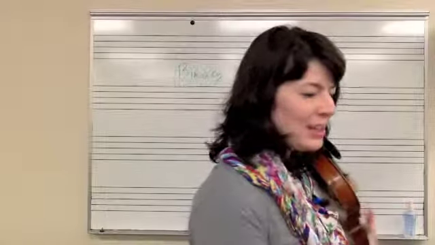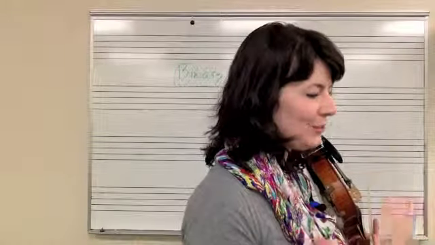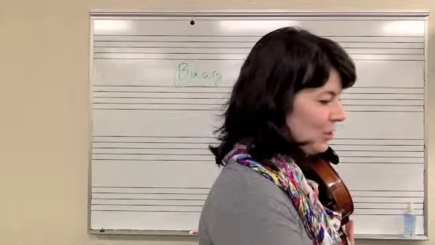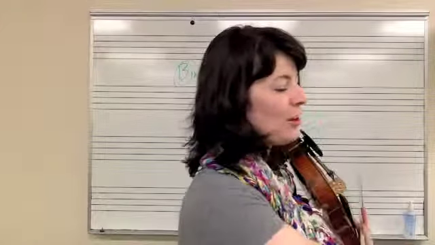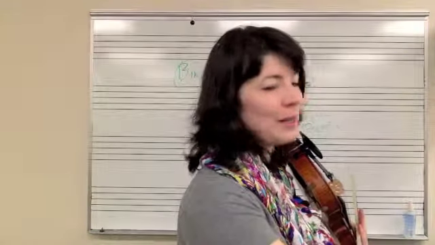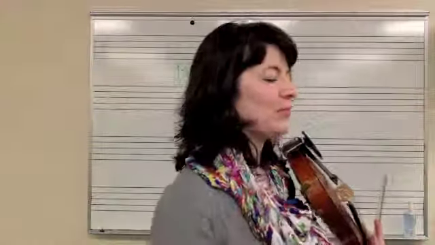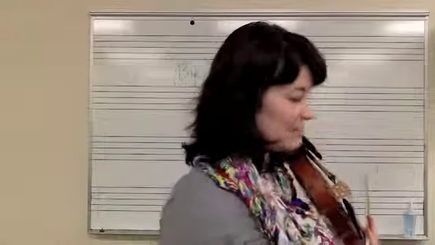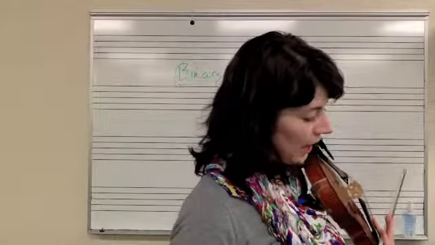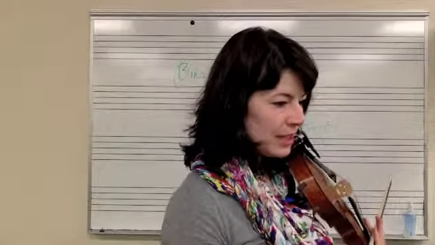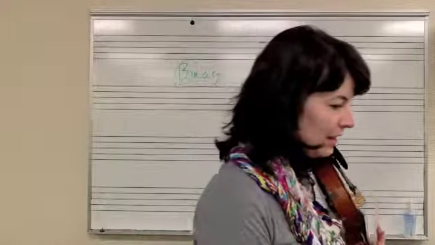So yeah, the B section can have a lot more to it than just that first little phrase, which is fine. But know that your A section is going to end probably on a perfect authentic cadence, and your B section is going to end for sure on a perfect authentic cadence. So yeah, I don't know if there's anything too crazy about it.